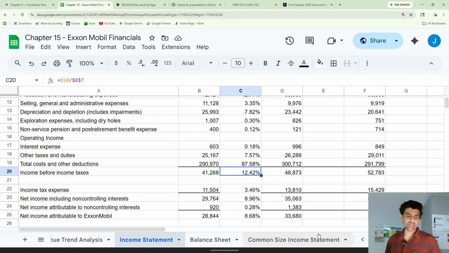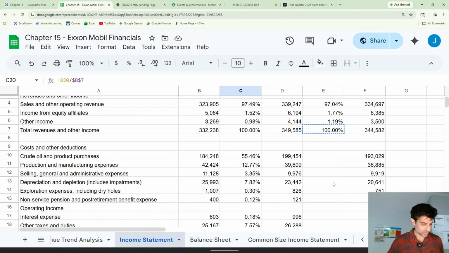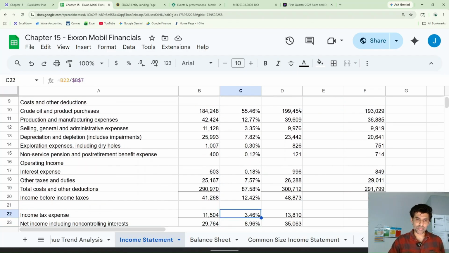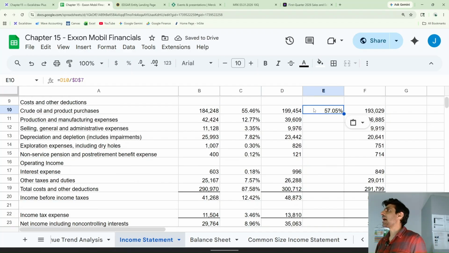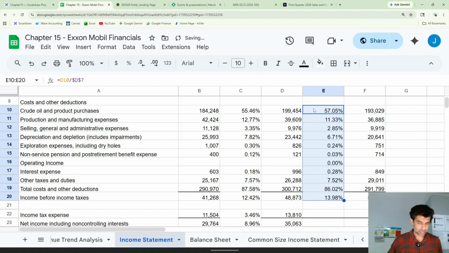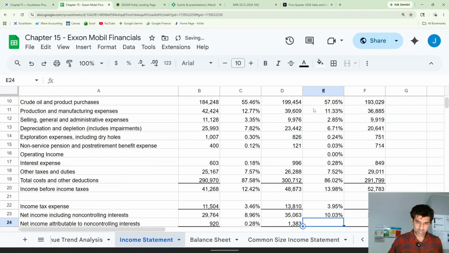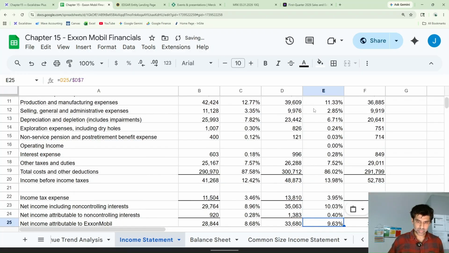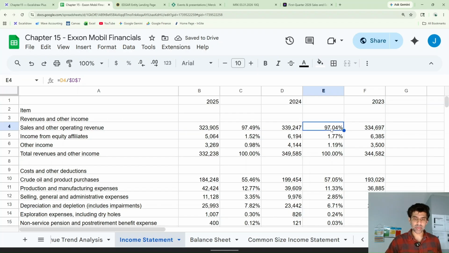That's why this is a useful analysis. So let's see if our profitability, we know our number of dollars has gone down. We're making less money, but has our margin gone down? Let's see. So yes, you can see margins have also gone down.